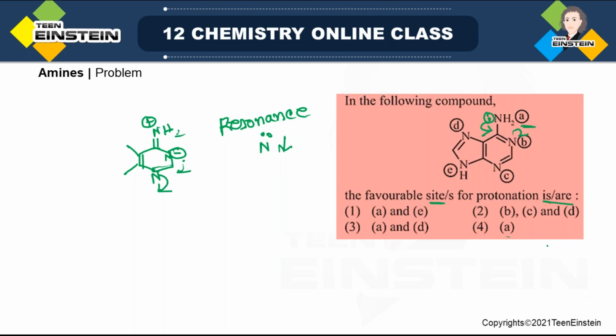Similarly, if we consider the next one, which is B, now see, in case of B you cannot find any resonance. If you want to do it forcefully, that is, if you consider this lone pair, that is not possible, because if you want to do this, what structure you will get? You will get something like this.